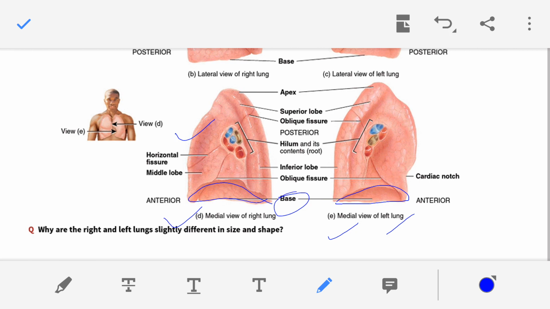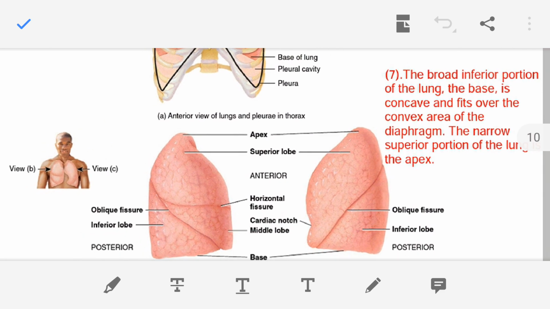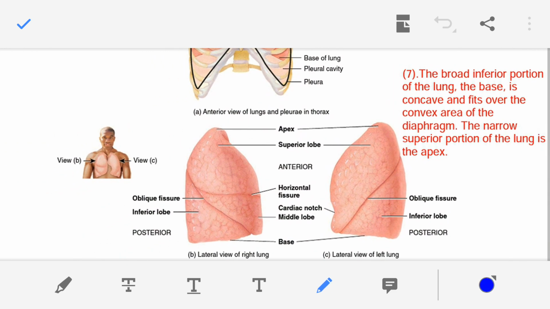So the base is the concave part of the lung, and this concave area fits over the convex area of the diaphragm. So we can say simply the base is present over the diaphragm.